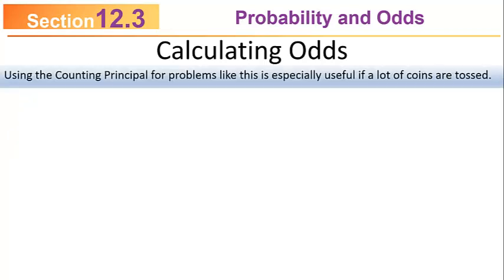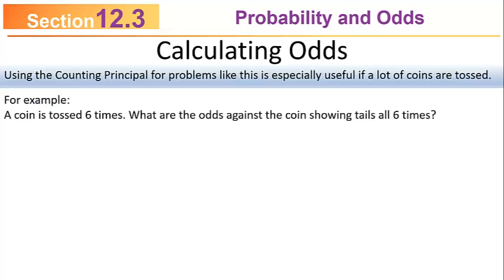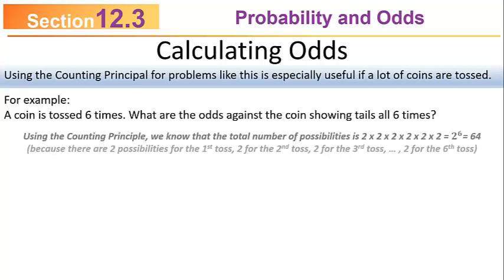I will say that using the counting principle for problems like this is especially useful when your coins go above 3, when it's not practical to draw the tree diagram. But if you have more, suppose you had 6, it'd be really difficult to draw that tree diagram, drawing all those branches. And using the counting principle, you know that the total number of possibilities is 2 times 2 times 2 times 2 times 2 times 2, which is 2 to the 6, which is 64, because at each stage you still have two choices, head or tail, but you're doing it as a 6-stage process.